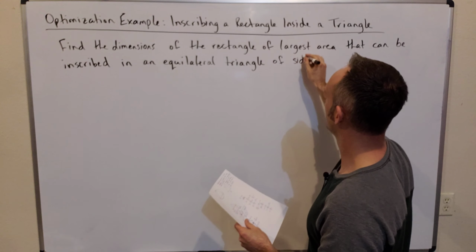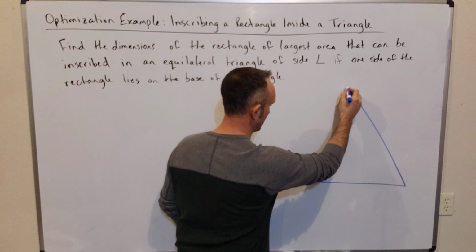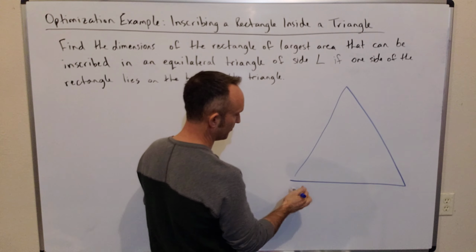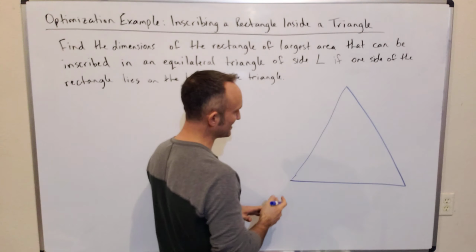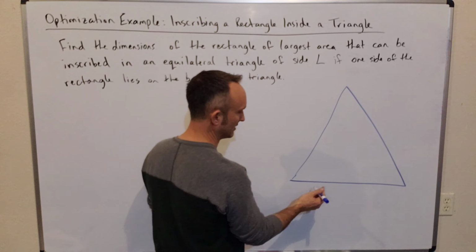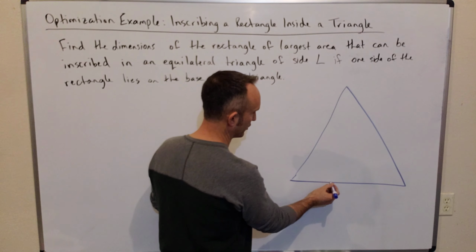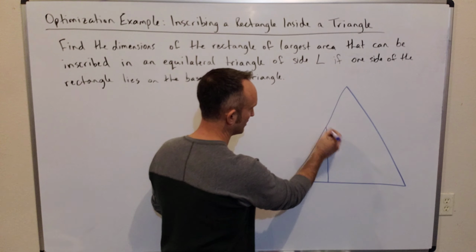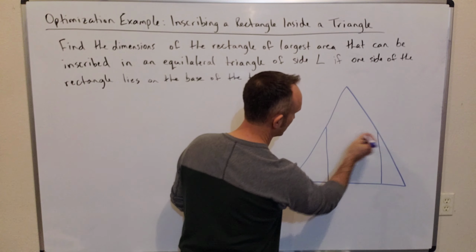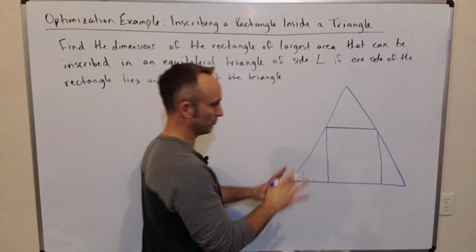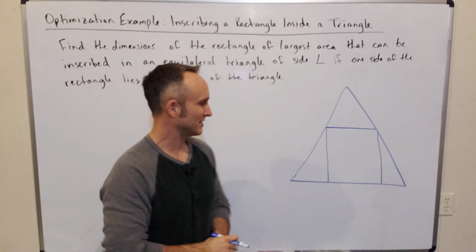And I will draw this picture over here this time. It's got to be pretty large. So I've got my equilateral triangle here, and my rectangle is inscribed inside, and one side of my rectangle lies on the base. So any rectangle I draw might look something like this. Let's pretend that's a rectangle, right?